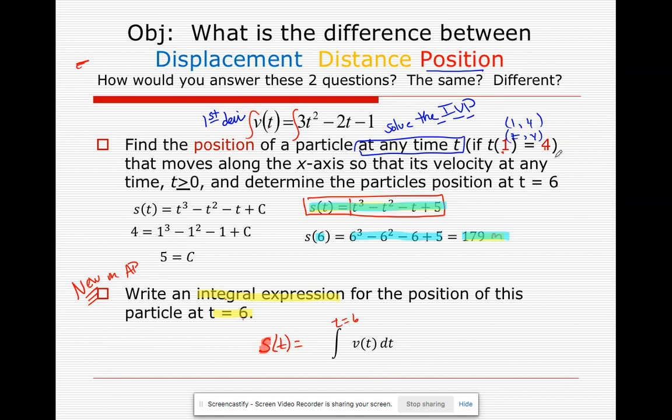I could, but look here. They've given me an initial condition. So what if I start this at 1? If I say I want to integrate from 1 to 6 of this velocity function, what do I need to add to it?